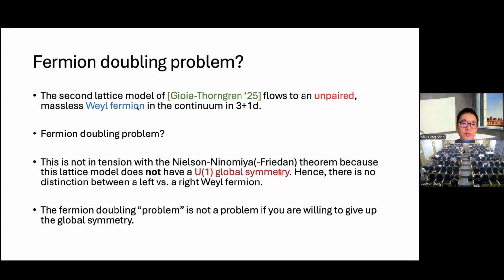So a single Weyl fermion has a U1 global symmetry. If you assume you have that U1 global symmetry, then there's a no-go theorem for the fermion doubling problem. But there's no fermion doubling problem if you're willing to give up this U1 global symmetry, and that's exactly what this paper did.